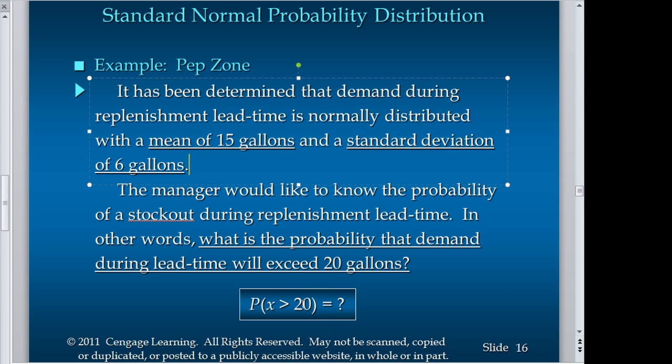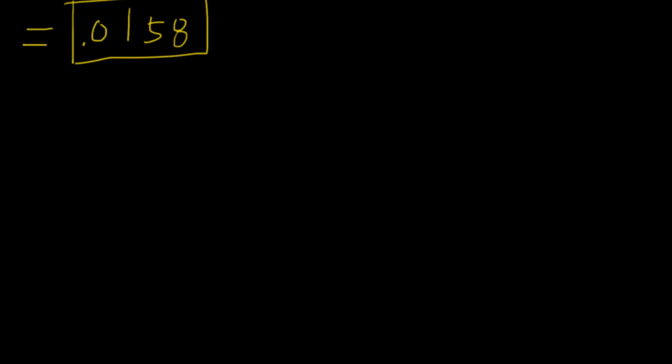So they basically want this: what would be the probability of X being bigger than 20? When 15 gallons is the mean and the standard deviation is 6 gallons. Now, let's check this out.